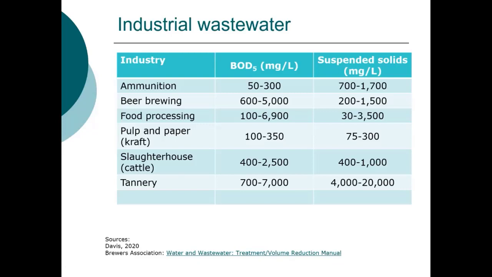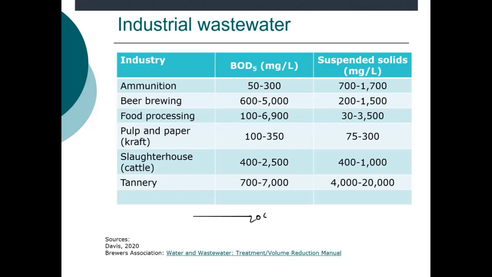And one of the challenges with industrial waste is, notice we said that the raw municipal wastewater has a BOD of about 200 and about 210. This is municipal. Notice for much of this industrial waste, the ranges are great, but the levels can be much, much higher.